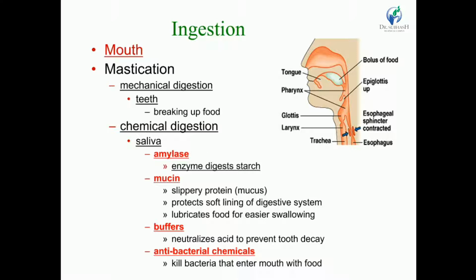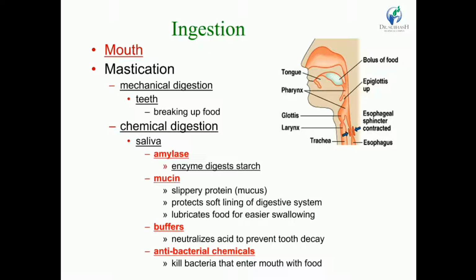This cavity has a dome-shaped roof called the palate. The hard palate is in front, and the soft palate is behind, which forms an arc, and the uvula hangs behind the center.